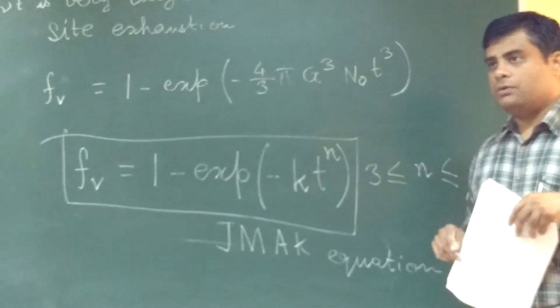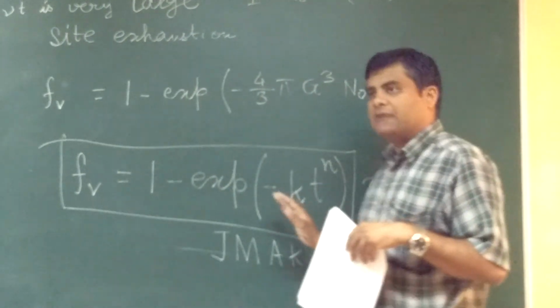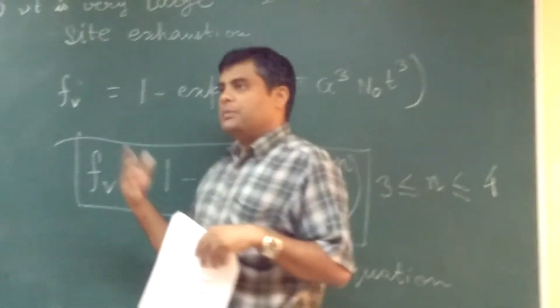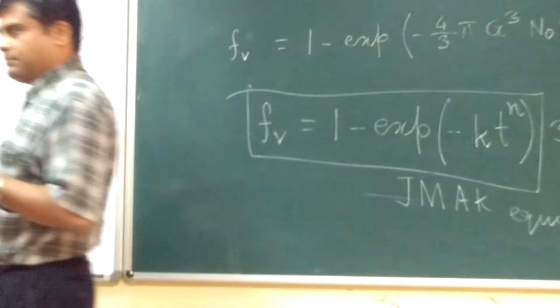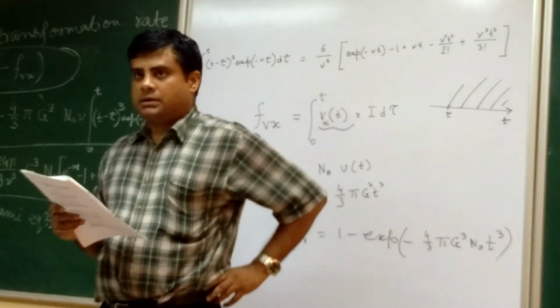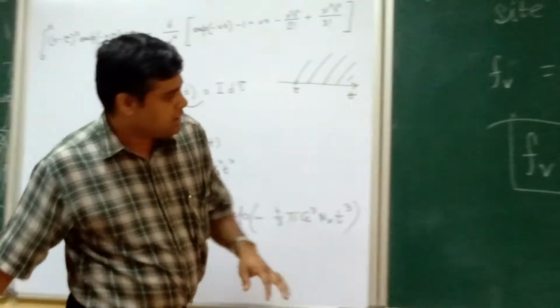What will you do? For the different transformations at a particular temperature, isothermally, you measure Fv for different times. Then what will you do? Plot the log. Plot what by what? If you plot log Fv, a double log, why double log?